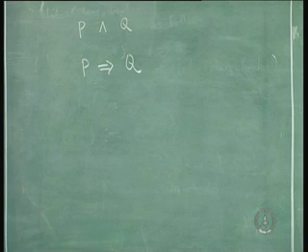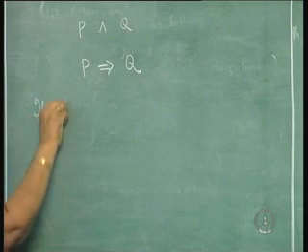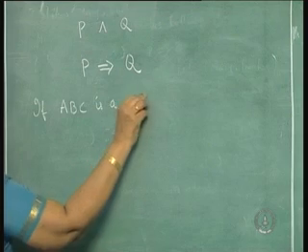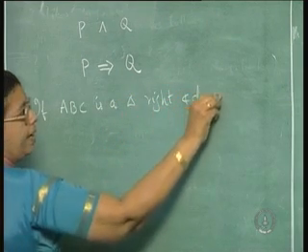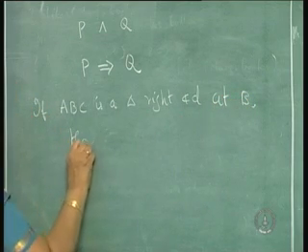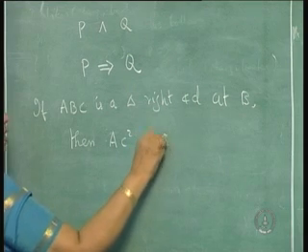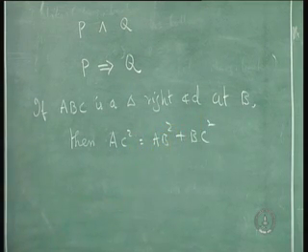For example, if ABC is a triangle right angled at B, then AC square is equal to AB square plus BC square. This is Pythagoras theorem, and it is of the form if then.